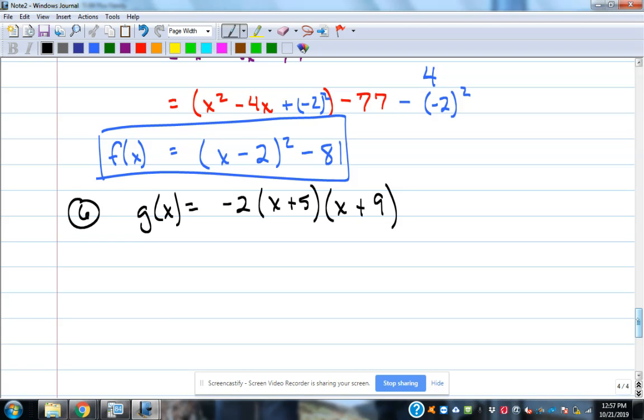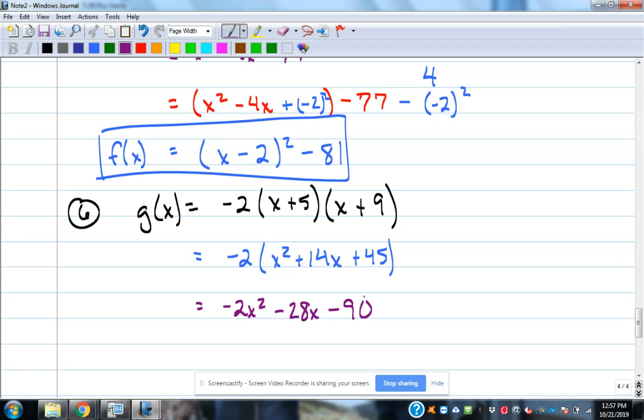I still need to put it in standard form. That doesn't change. Everything's the same there, okay? So we multiply out the x plus 5 and x plus 9 together. We've got the -2 parentheses x squared plus 14x plus 45. That's not quite standard form. If I multiplied it out to -2x squared minus 28x minus 90, that would get us completely to standard form.